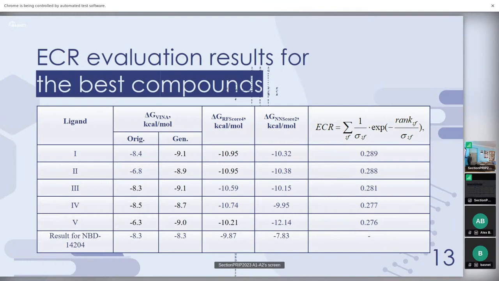If, for example, the fifth compound has the best results for NN score, but the first and second have the best results in graph score.